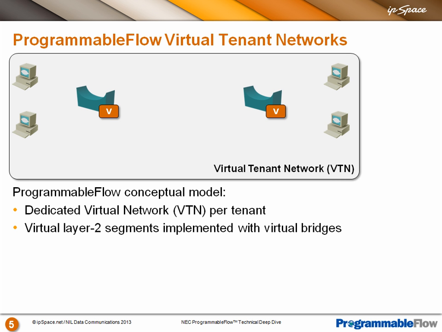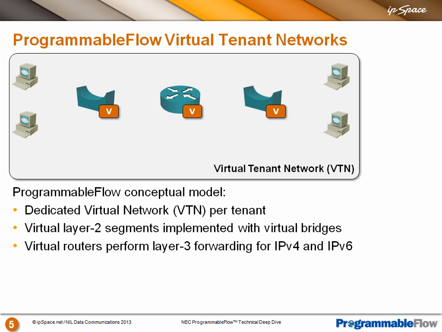And there are two types of nodes you can have in a virtual tenant network: the bridges and the routers. They're all virtual, remember. This does not map into any physical device. This is a conceptual model that is used to calculate the flows that then have to be downloaded into individual devices.